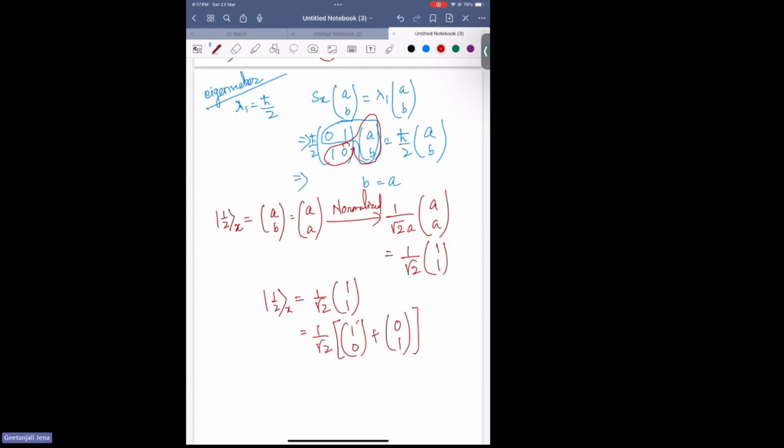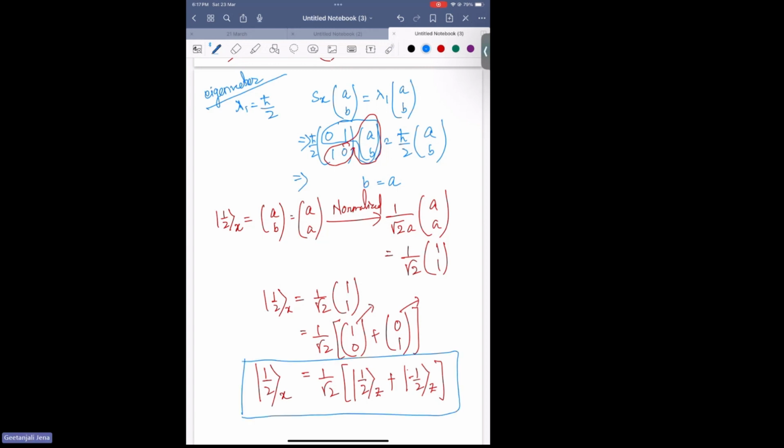This is nothing but the eigenvector of Sz with eigenvalue plus ħ/2, and this is the eigenvector of Sz with eigenvalue minus ħ/2. So you can represent the eigenket of Sx, which has eigenvalue plus ħ/2, as a linear combination of the eigenkets of the Sz operator. This is how you can write one in terms of the other.